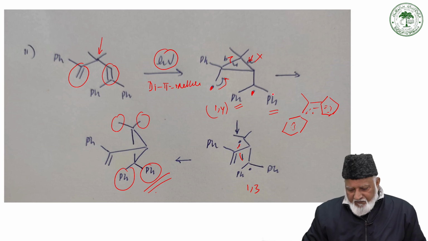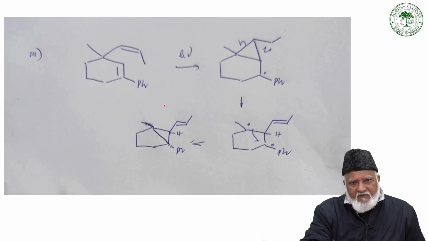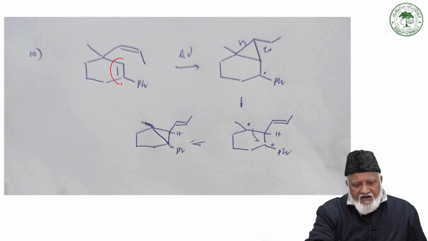Going to the next slide example, if you very carefully analyze the starting compound, you have a double bond here, and another double bond here, separated by a methylene group.